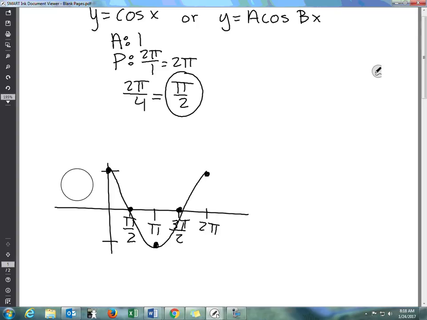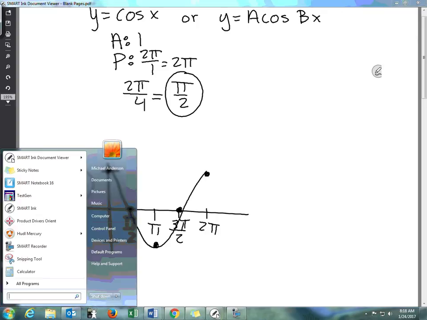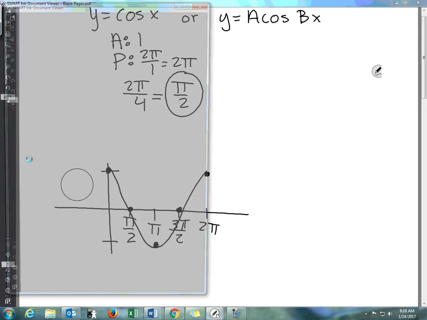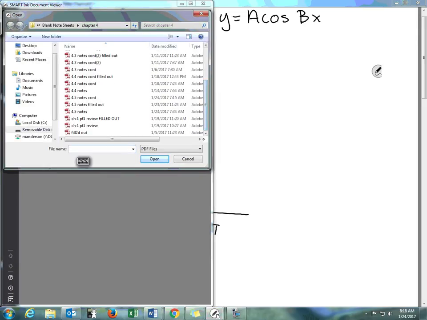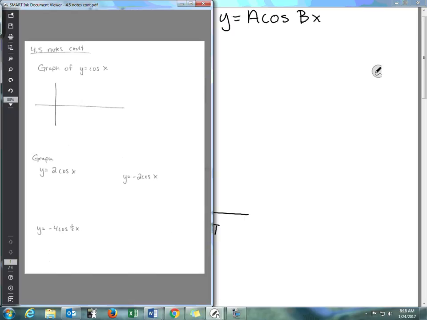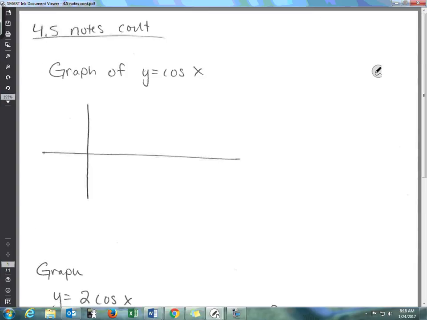Okay, so your notes. Let me open it up. So these are the notes that I sent you, the graph of y equals cosine of x. I've already filled them out.